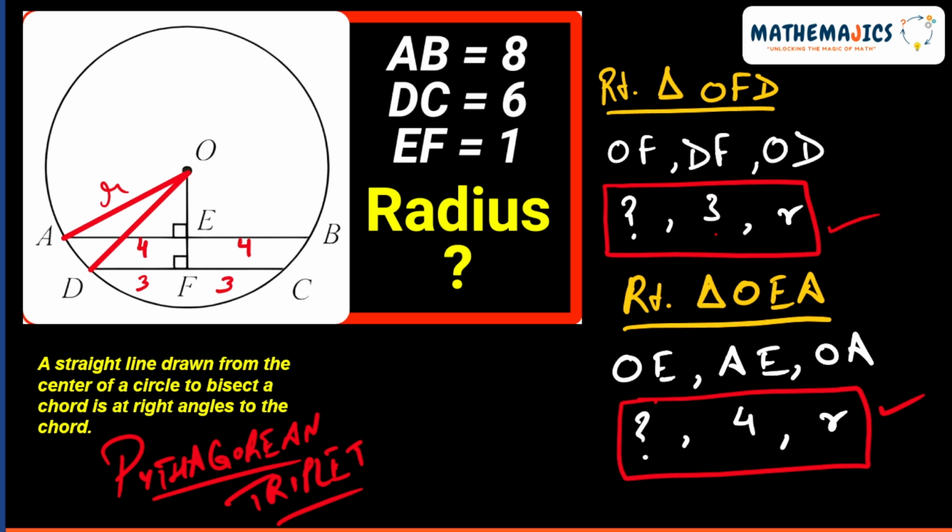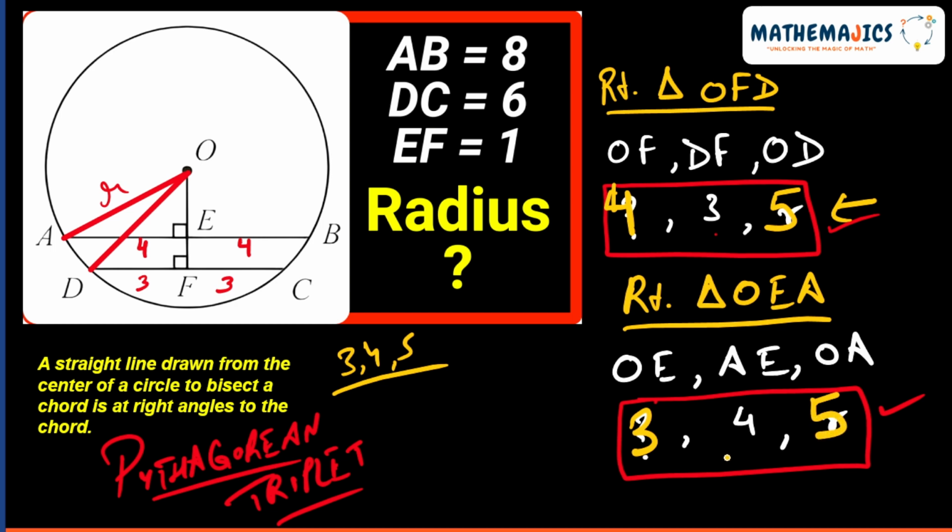It should be 3, 4 and 5, correct? That's why in this triplet, if DF is 3, OF will be 4 and the radius will be 5. Similarly, in this triplet, if AE is 4, OE will be 3 and the radius again will be 5.